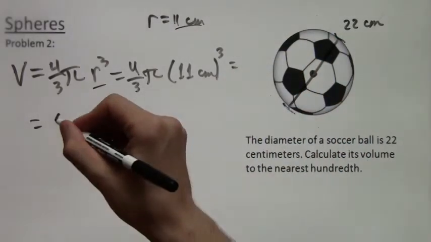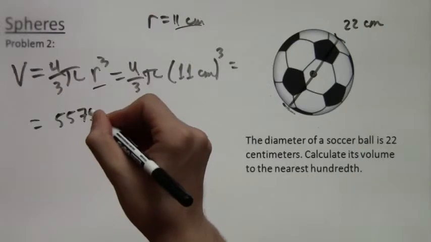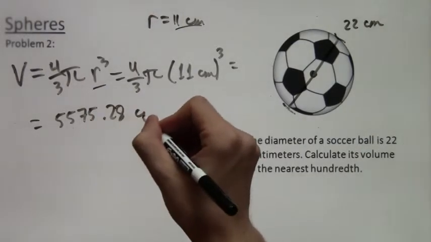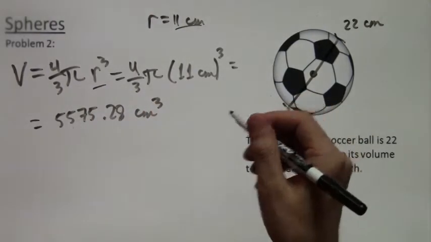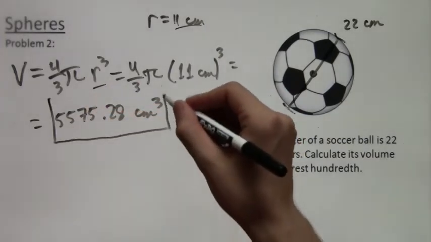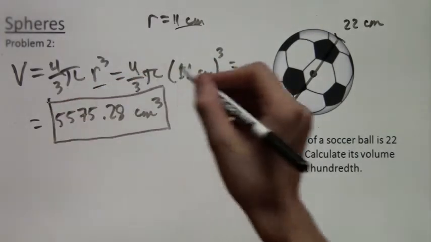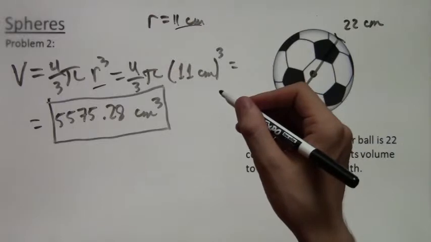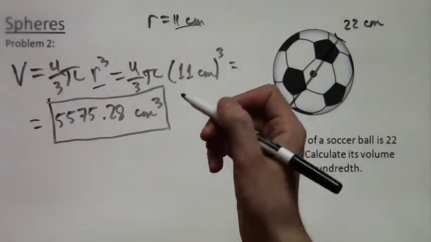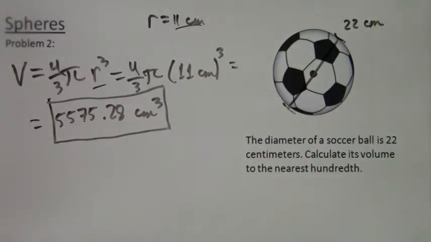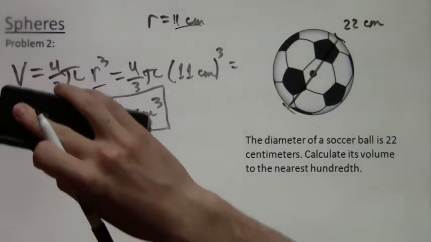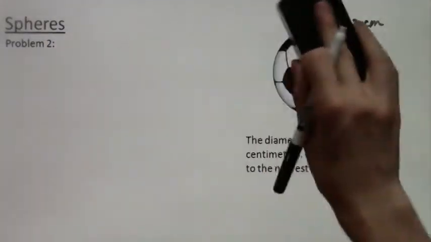So I just plug this expression into the calculator, and it gives me 5,575.28 centimeters cubed. So that is the volume of a soccer ball. And just to notice, that's about 5.5 liters, just in case you're wondering.